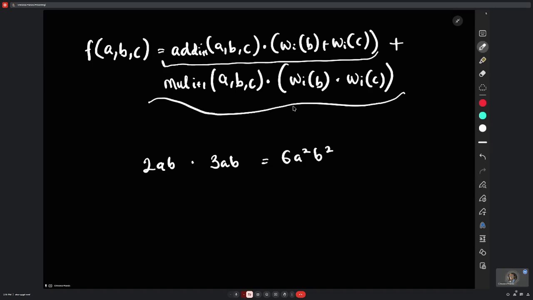Sorry, multilinear is still multivariate, but we get the idea. So when we multiply two multilinear polynomials, we get a non-multilinear polynomial.